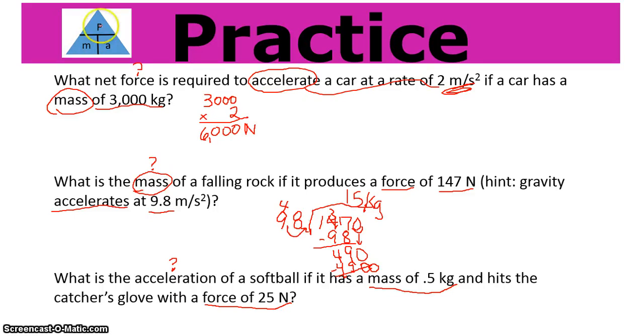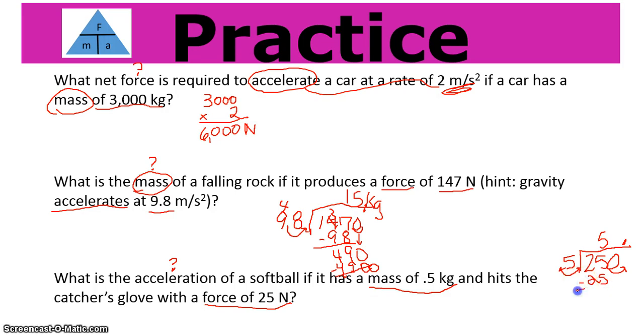Whatever's on top, my numerator, goes inside my division box. So my force in this problem is 25. I divide it by the mass, which is 0.5. And again, I've got some decimals to divide by, so I have to move my decimal place over 1. That means if this is 25, I've got to move this decimal over 1, fill with a 0, and bring my decimal up. 5 goes into 25 5 times. 5 times 5 is 25.